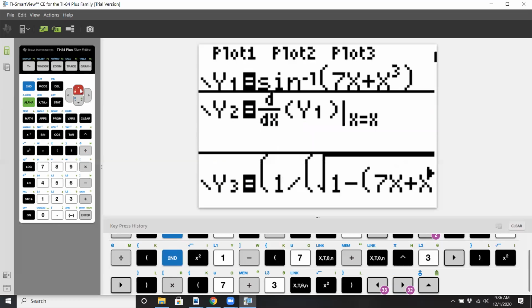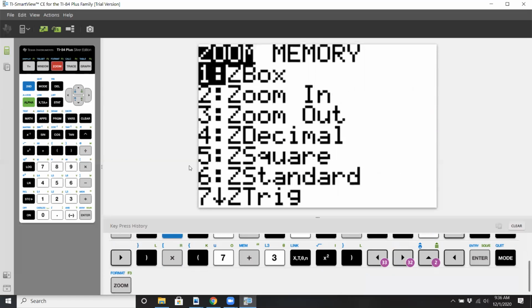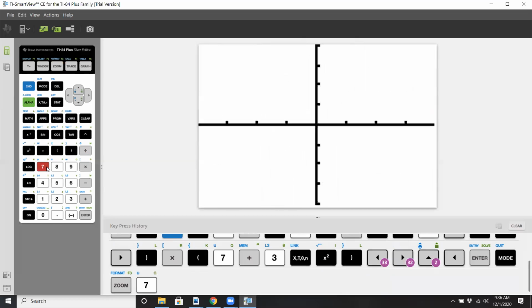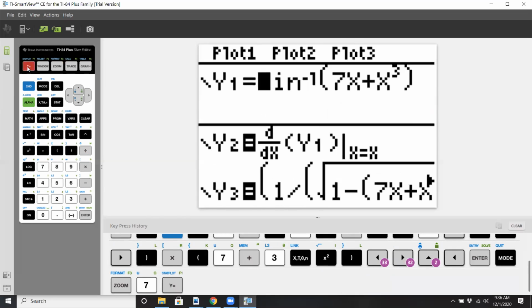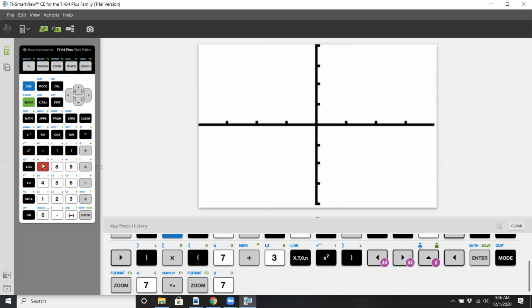And I'll turn off the first one. I'm going to make sure I'm in radian mode. I'll graph in the Z trig window. And I see nothing. Why not? Let me zoom out. Or hold on, Z trig. There we go.